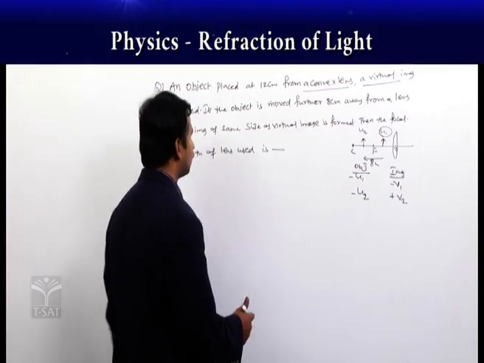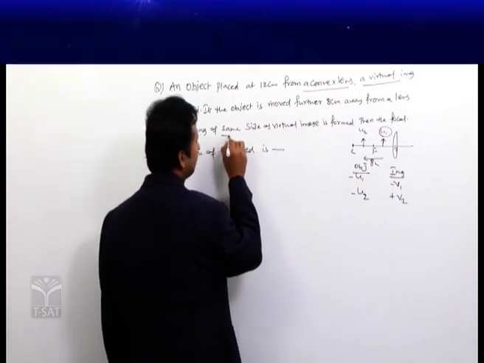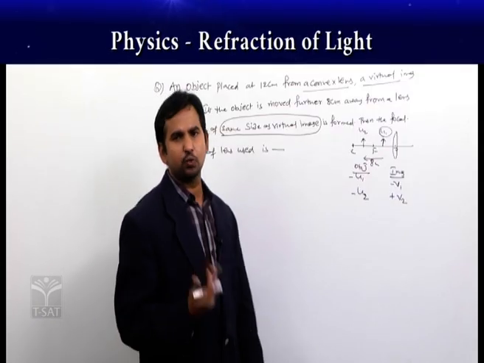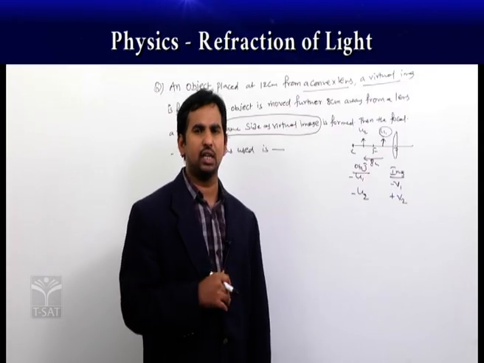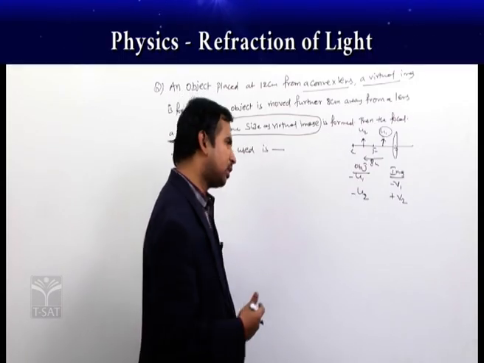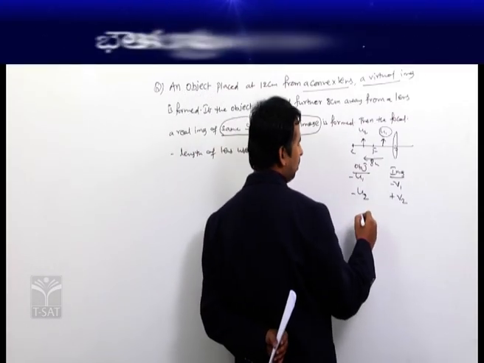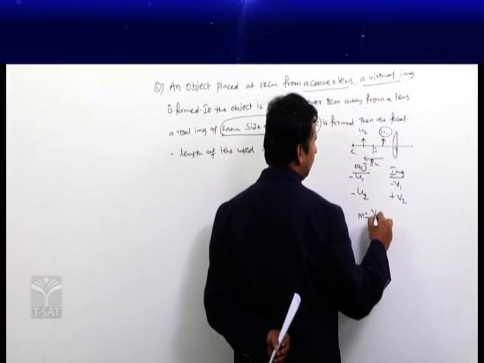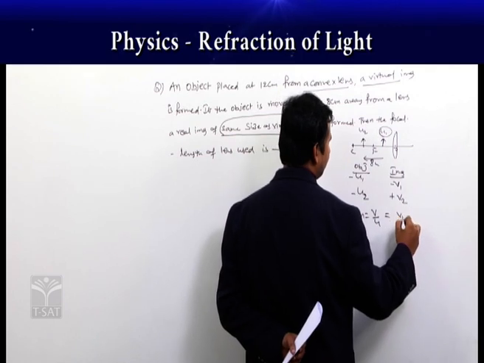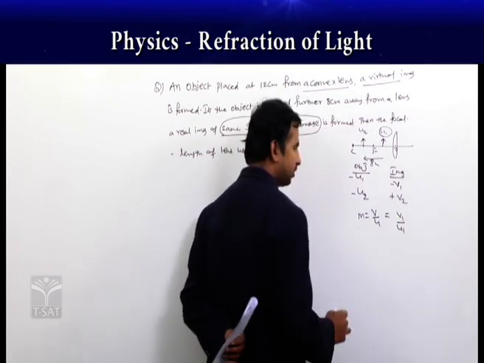Now the condition given is the same size, meaning the real image formed there and the virtual image formed in the earlier case. In both cases the magnification is the same, where the magnification M is equal to V by U. In the first case, we take the V value as V1 and the U value as U1.